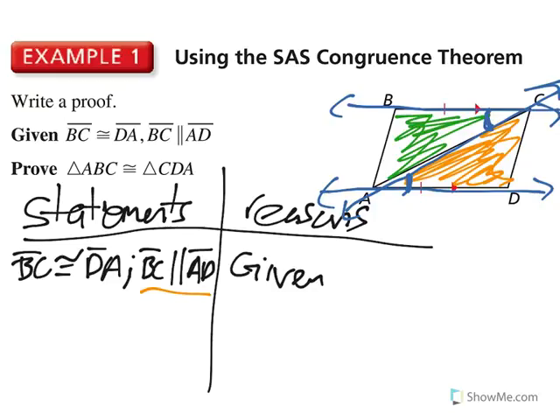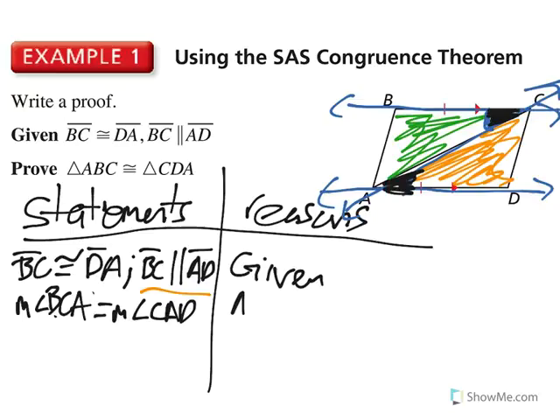So I have the measure of angle BCA, because I'm talking about this angle here, BCA, and then my other angle, CAD, would be equal.